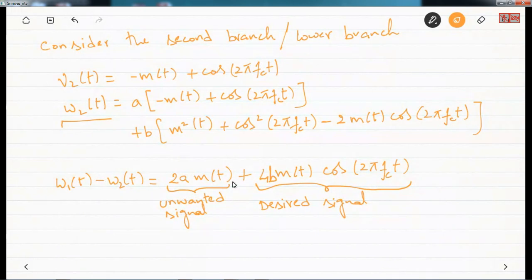And you must be knowing by this time, from your signals and systems course, you must have come across filters, right? So what are filters? Low pass filter, high pass filter, band pass filter, band stop filter, right? At least you should know the definition. I'm sure about that. So what is a low pass filter? It passes low frequencies around 0 hertz.